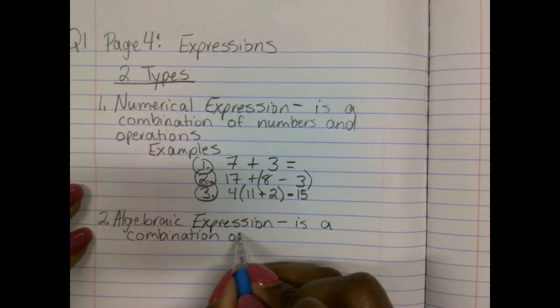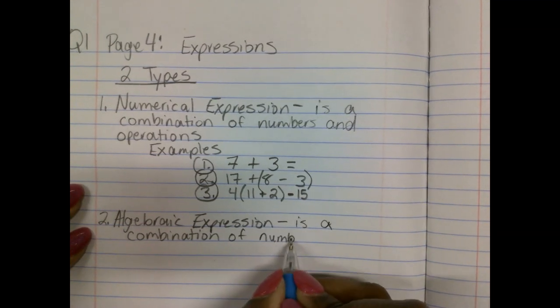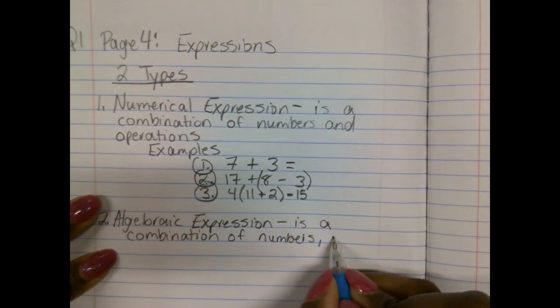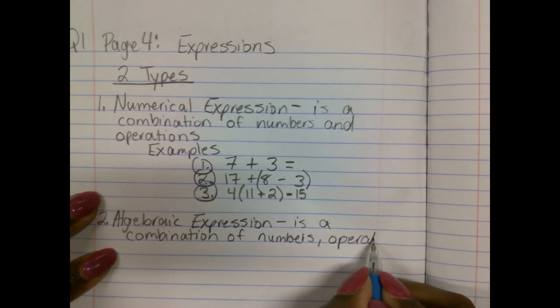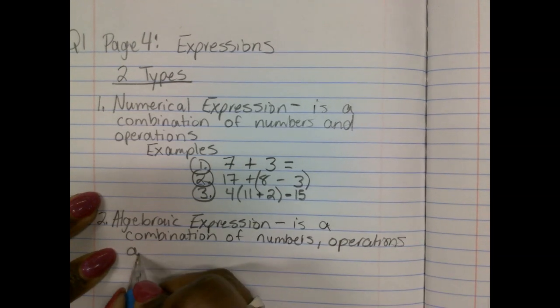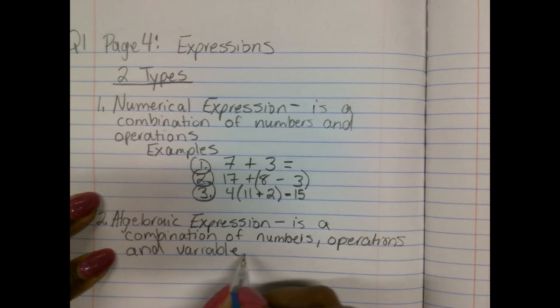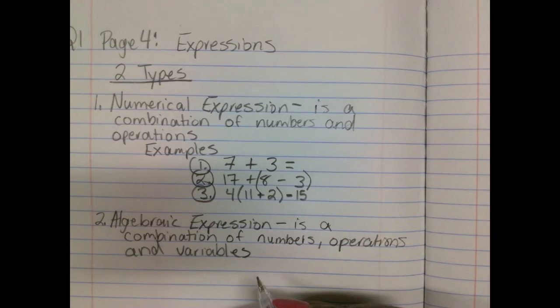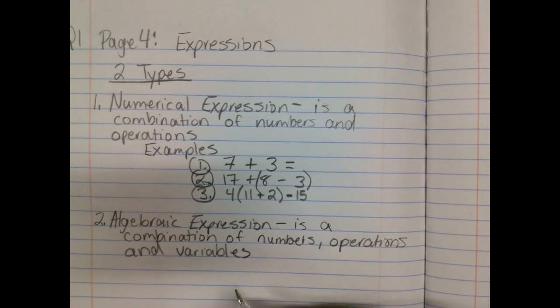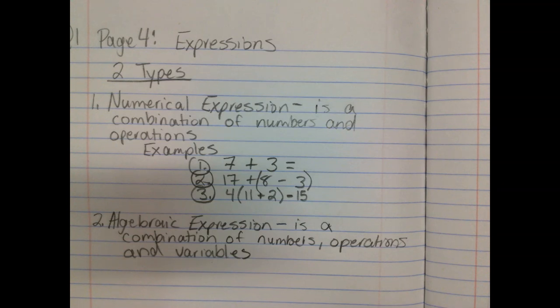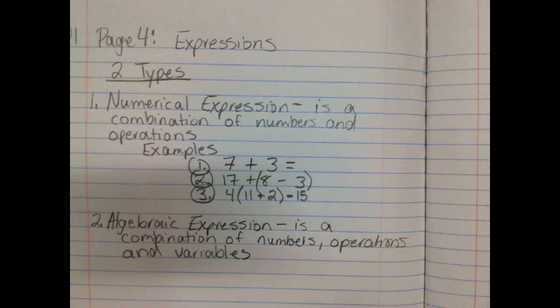So this is a combination of numbers, operations, and what did she say? Variables. By definition, what is a variable? What is a variable? Yes. Very good. Okay. It's a letter or a symbol, because it could be a symbol, that represents an unknown number. Okay. Everybody clear? All right.